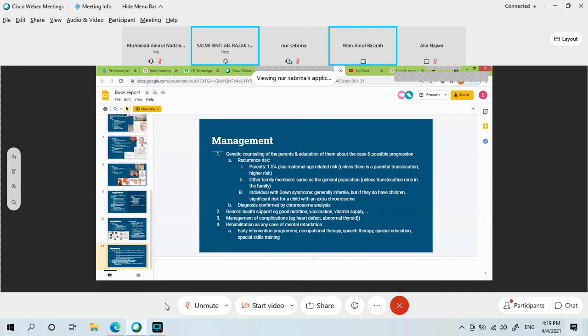Unless yang escape tu duduk kat postnatal, you pun tak perasan nak buat macam mana. So kalau you clerking the patient, bila you present Down syndrome as a long case, you have to tell us when the patient being diagnosed as Down syndrome. Is it in utero? So maknanya in utero bila buat ultrasound tu dah tahu dah. So bila dah tahu mungkin dia buat some chorioamnionitis plus minus lah, mungkin setengah tu tak buat.